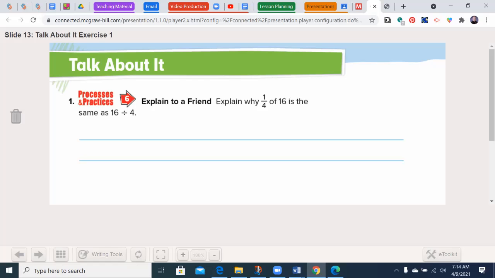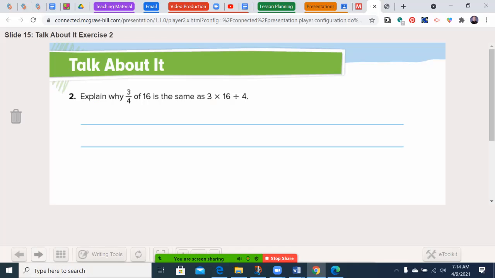And also remember that the inverse operation would be the equivalent of 16 divided by 4 over 1, or 16 divided by 4. On this one, 16 divided by 4 is 4. 3 times 4 is going to be 12. You go 3 times 16, you get 48 divided by 4 is 12.